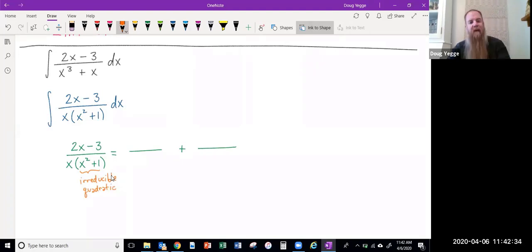Sometimes we can't break this up into linear factors anymore. So when we have an irreducible quadratic, we realize, well, I can't factor this further, so I know that one denominator is just going to be x, and the other denominator will have to be x squared plus 1. Everybody cool with that?